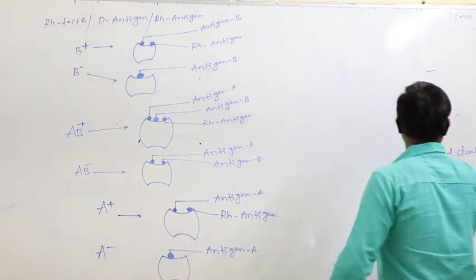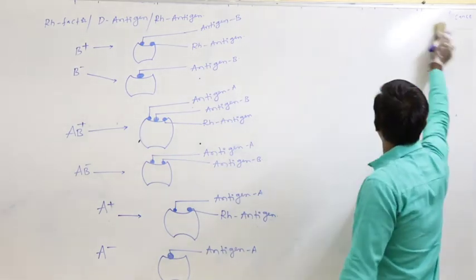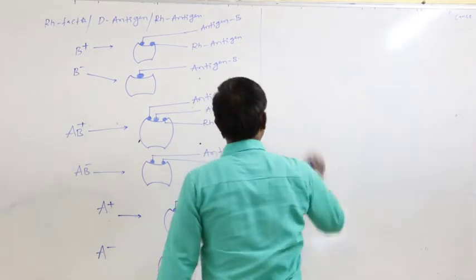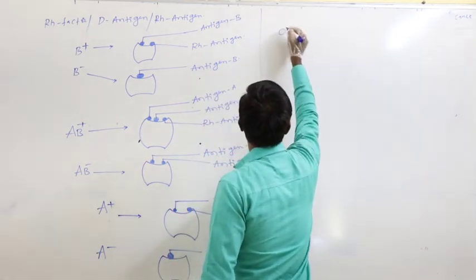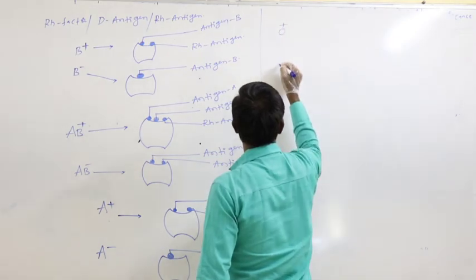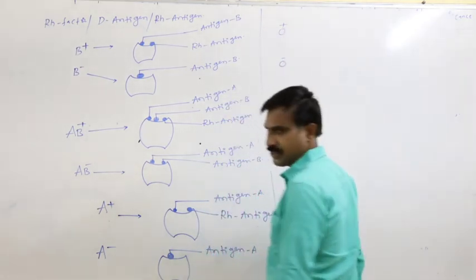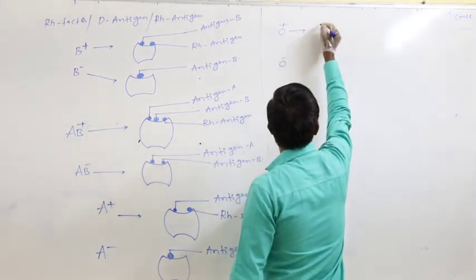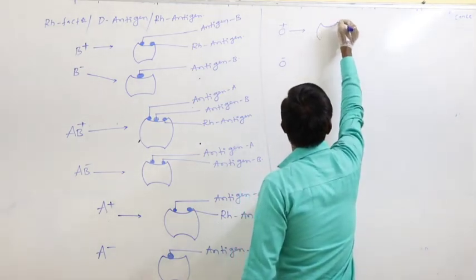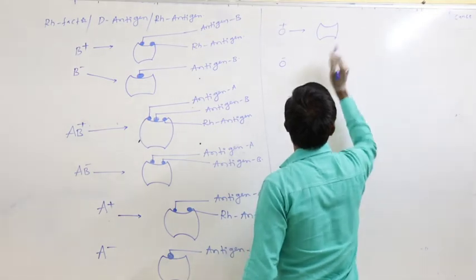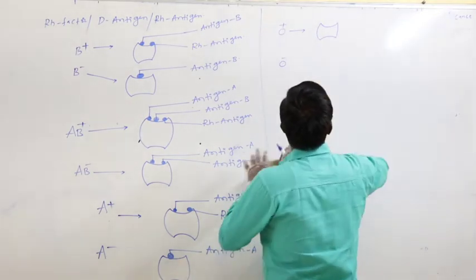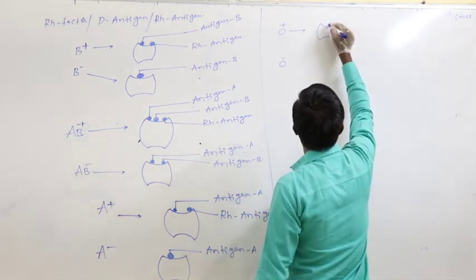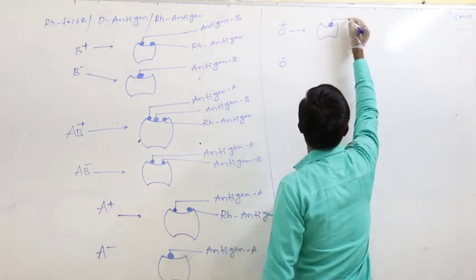Similarly, in an O blood grouped person, O positive, O negative. O positive means on the surface membrane of the RBC, a single antigen, the Rh antigen, is present, because in the O blood grouped person normal antigens are absent.